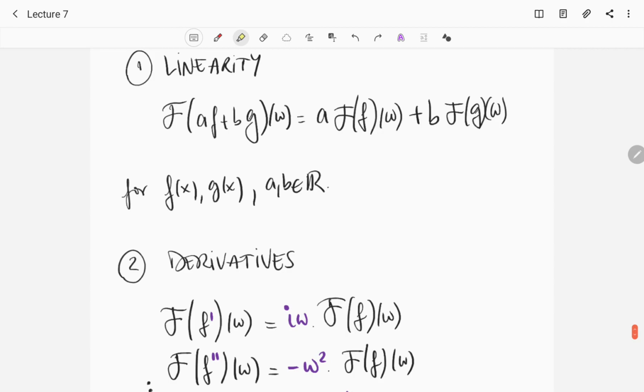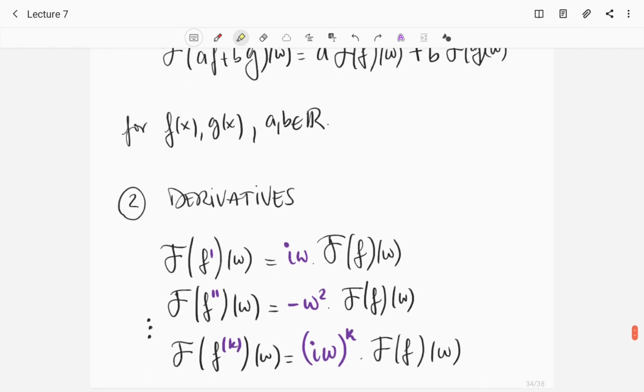The last property is how the Fourier transform behaves with derivatives. If we differentiate our function f one time, and then compute the Fourier transform of the derivative, we have this factor in front, i omega, times the Fourier transform of our function f.